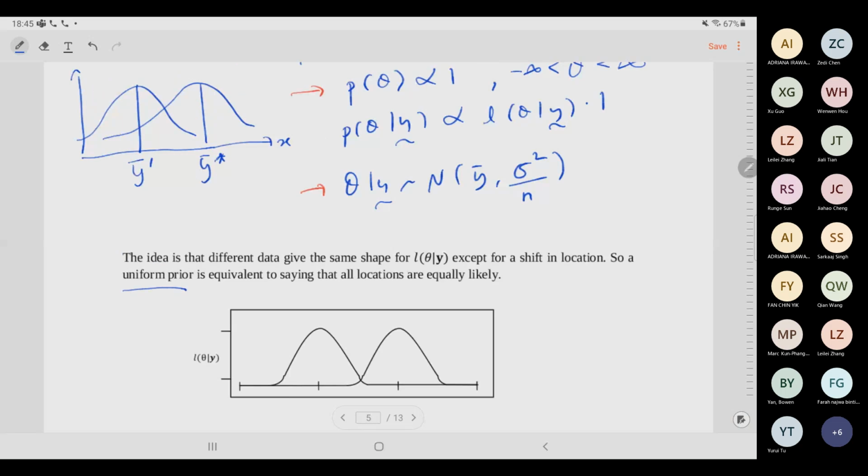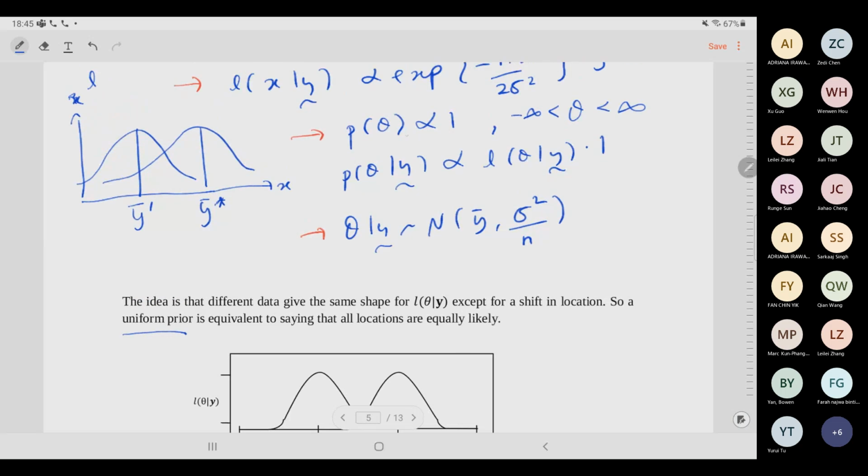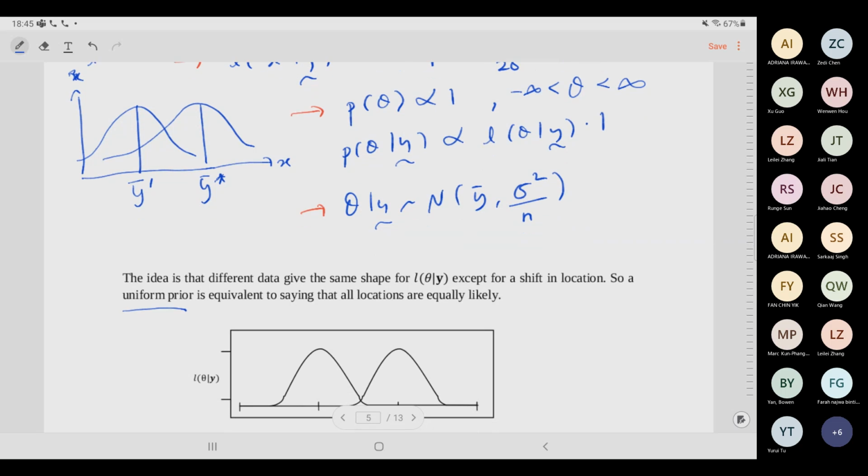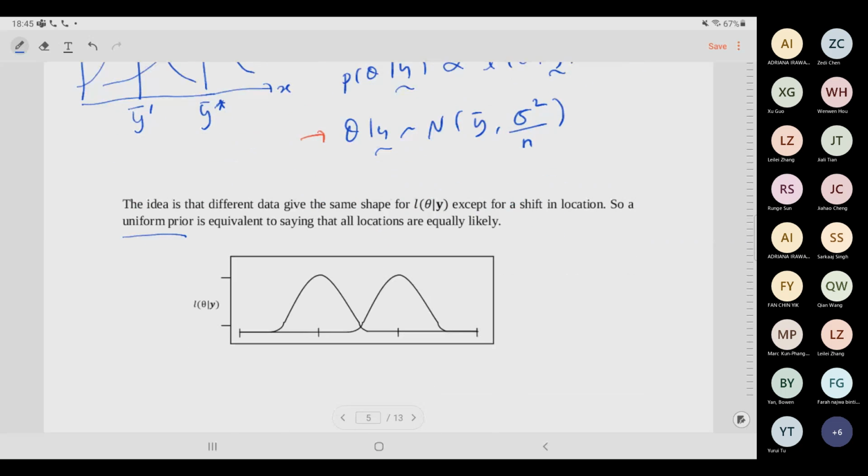That's why you imply a flat prior, a uniform prior, which is 1, because uniform means we have equal probability in the distribution.